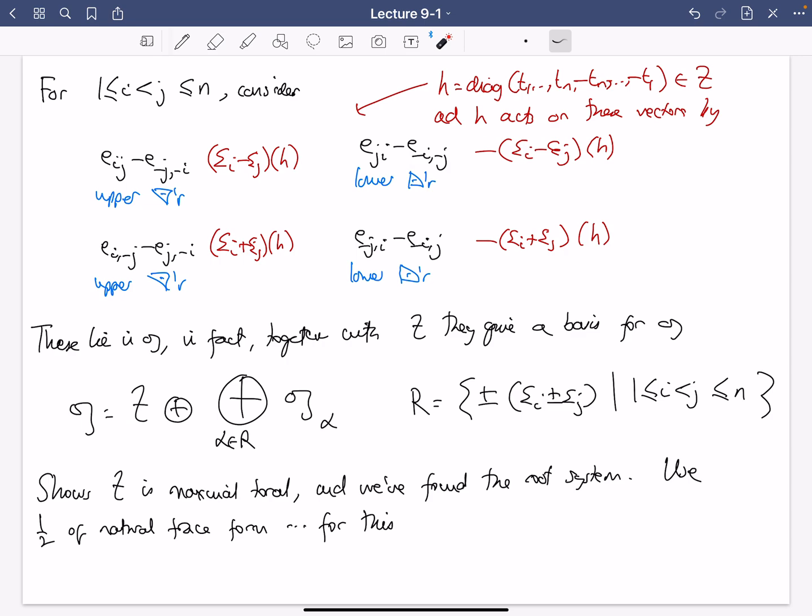You just multiply these diagonal matrices and take half the trace, and then you transport it to T star, and you get this induced form on T star. It just has epsilon 1 up to epsilon n being orthonormal. So that's the convenient normalization of the form, so that these epsilons are an orthonormal basis. And finally, you pick a base.